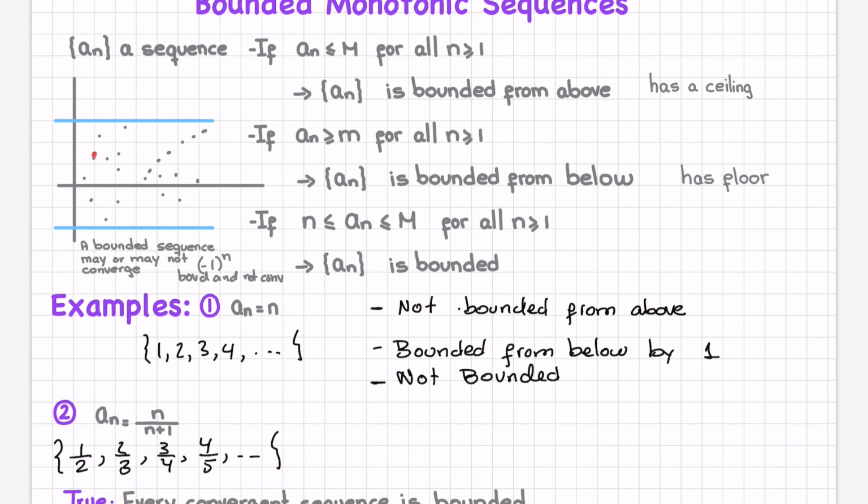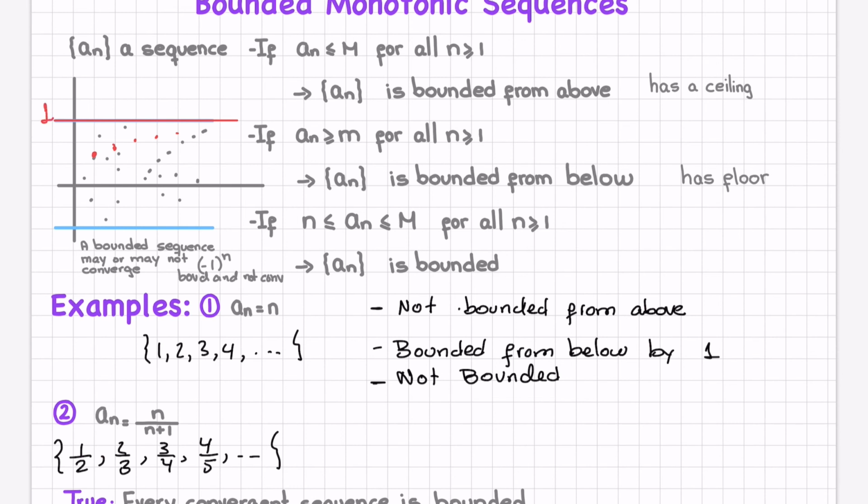For n equals 2 it is 2/3. So that's a little more than a half, right? Just a little. And then 3/4, a little more. And a little more. But the numerator is always smaller than the denominator, so it will never be 1. But it is getting really close to 1. You see? It is really getting close to 1 right there.